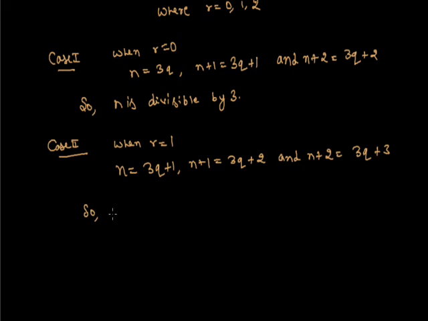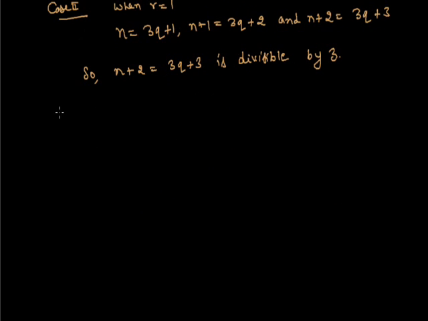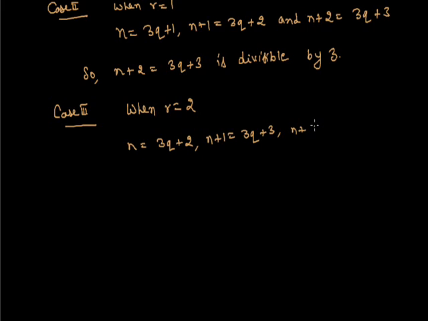So n plus 2 equal to 3q plus 3 is divisible by 3. Now case third. When r equal to 2, n equal to 3q plus 2, n plus 1 equal to 3q plus 3, and n plus 2 will be equal to 3q plus 4.